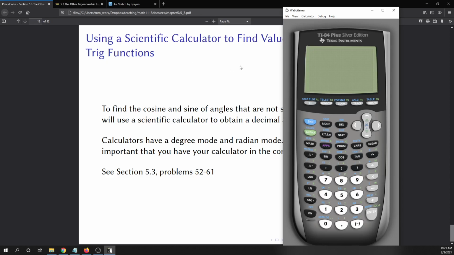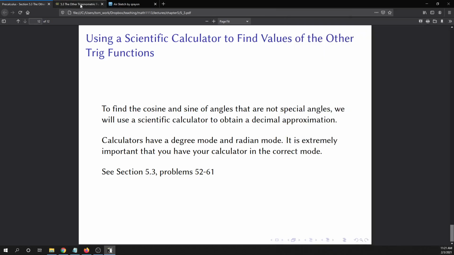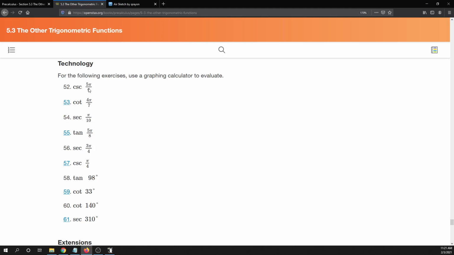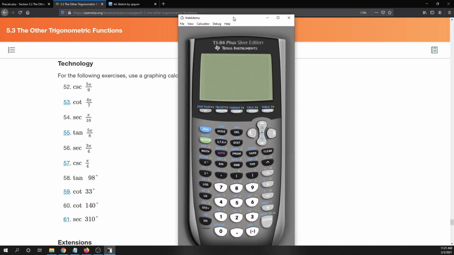Okay, and so let's take a look at some problems from the OpenStax book. It says for the following exercises, use a graphing calculator, but all you need is a scientific calculator to evaluate these things. The first problem there, number 59, is the cosecant of 5 pi over 9.